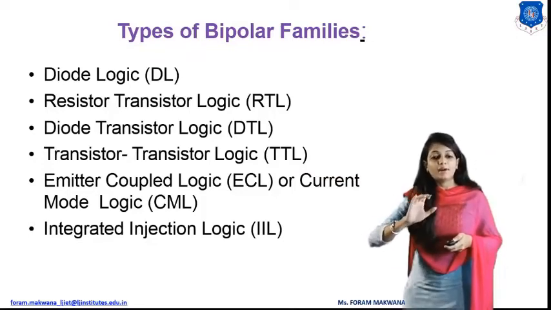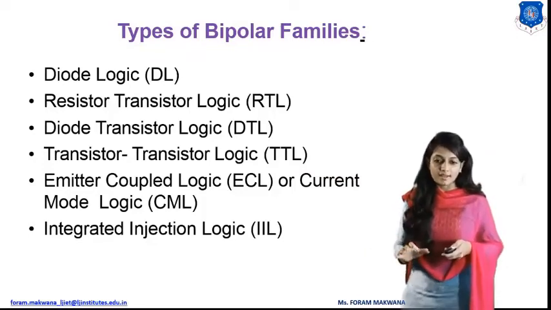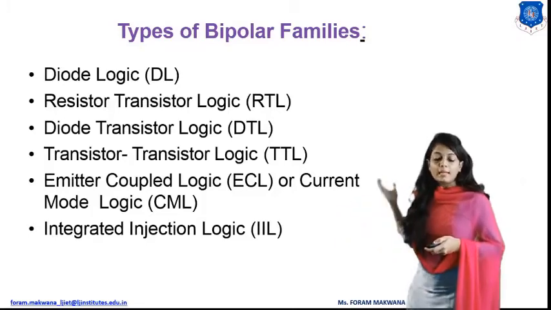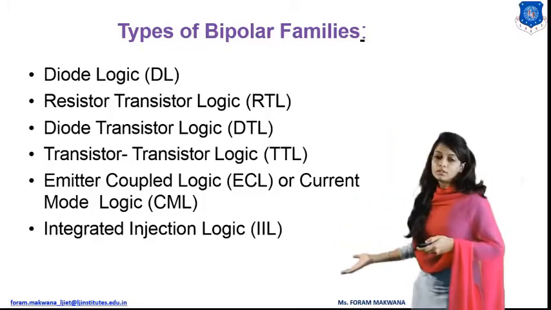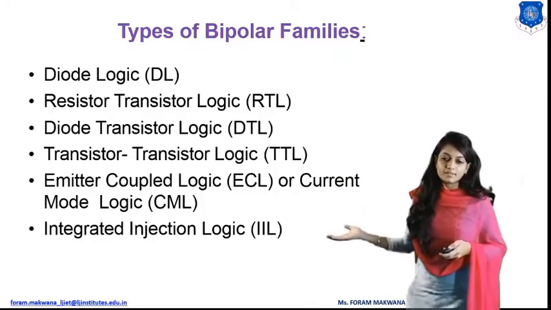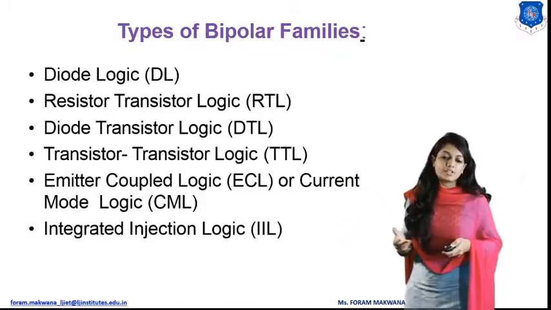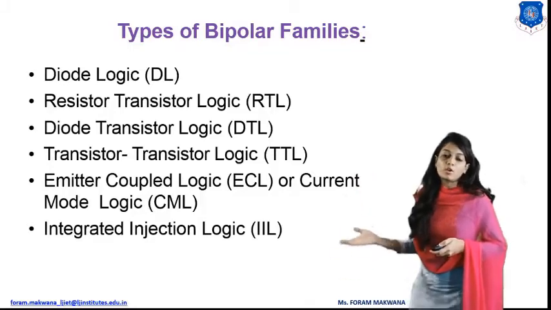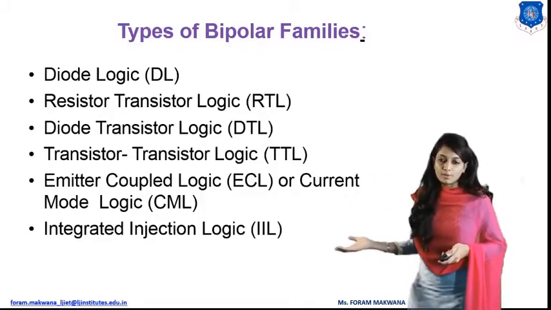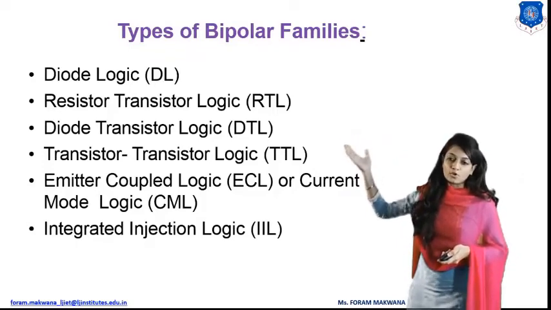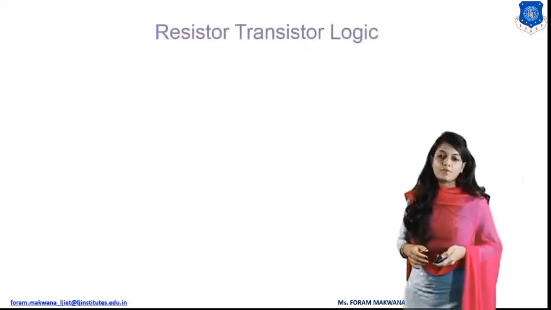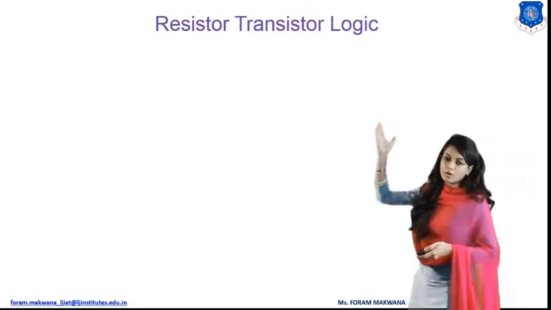That means in my IC only transistors are there. Alright. Emitter coupled logic is the fastest of all the bipolar families, and then the integrated injection logic. We will see all the bipolar logic families one by one, in which I have explained the diode logic. First, we are focusing on resistor transistor logic.